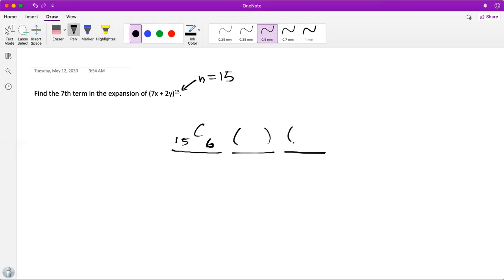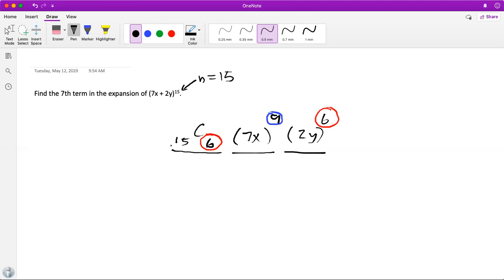This power, this 6, is always the same as this number, so I can put a 6 here. And whatever the first power is, when I add it to 6, I have to get 15 every time. So it's got to be a 9. And now I'm home. I just have to put my numbers in, 7x, 2y, and then calculate all these numbers.